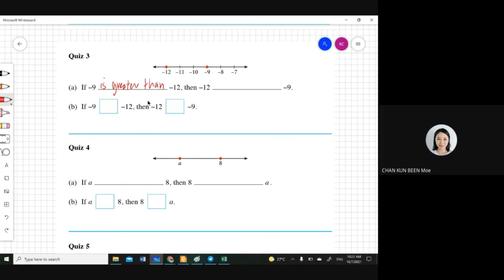Then negative 12 is less than negative 9. So you know how to fill in already, right? You just follow this: greater than uses the greater than symbol, and for the second one, the less than symbol. Very good.